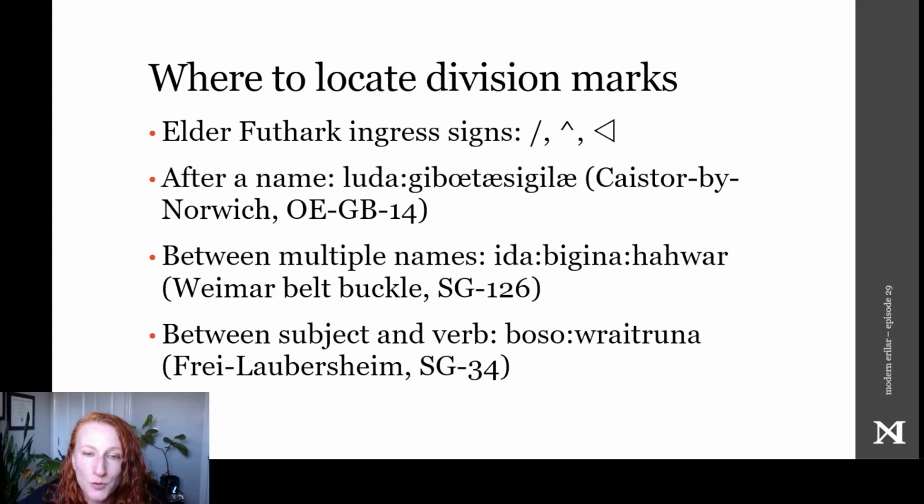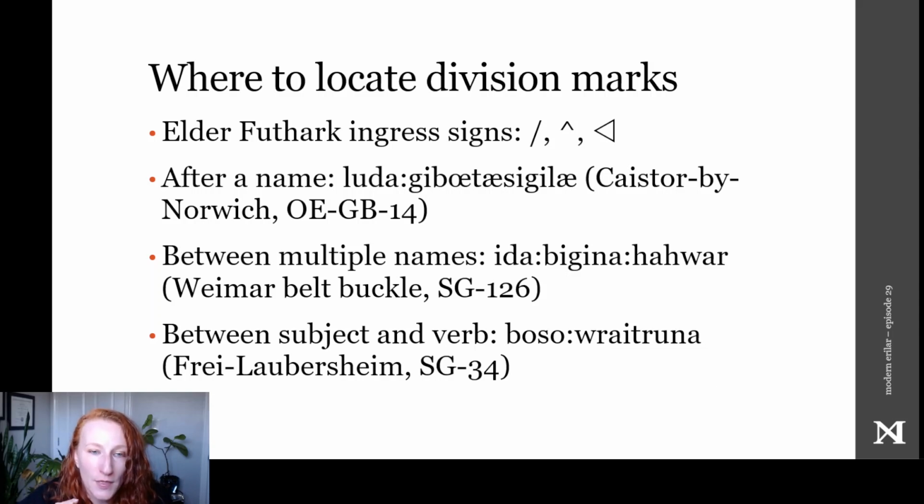The Castor by Norwich brooch also illustrates how some inscriptions set names off with a word divider, and we can also see this on the Shelby runestone as well, that is KJ61. Other inscriptions place division marks between several names, and you can see that here from a belt buckle from Weimar, while others put the division marks between the subject and the verb.